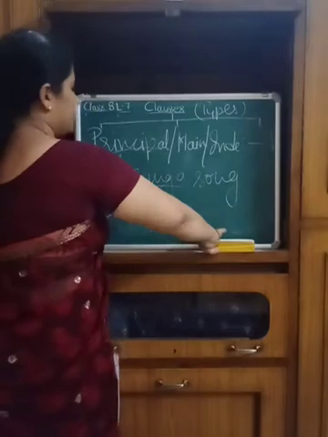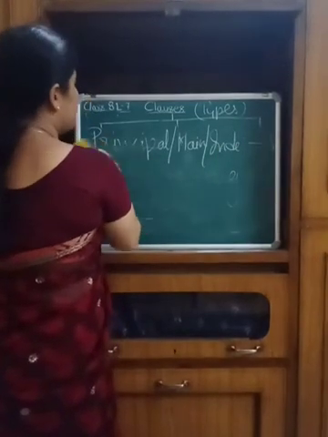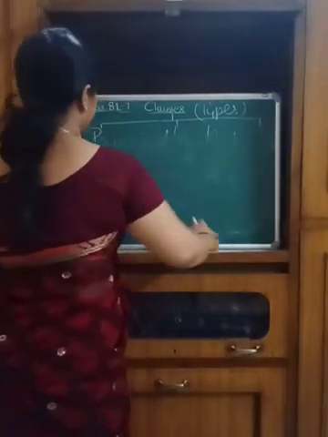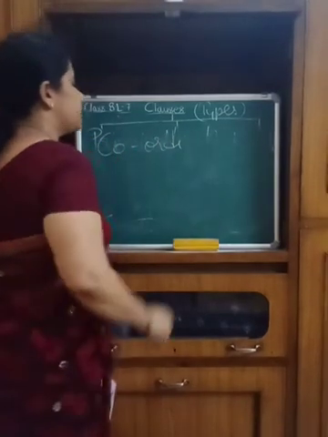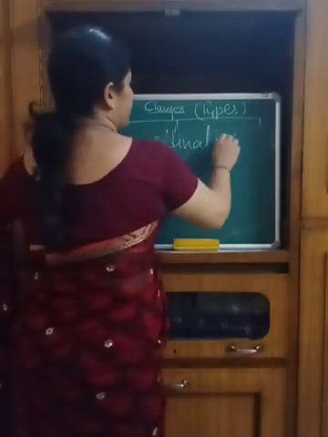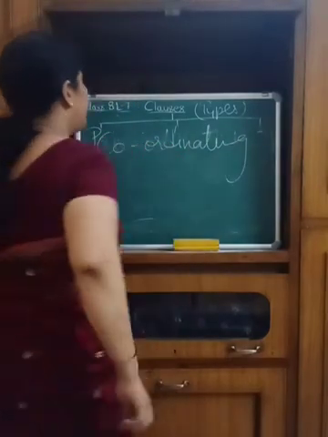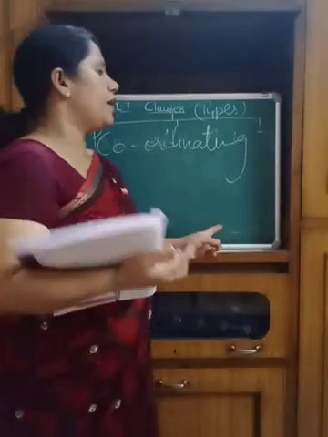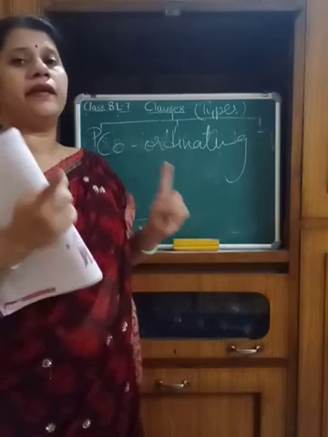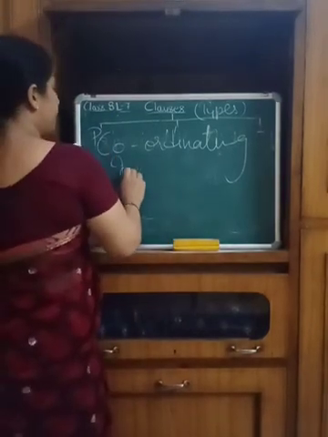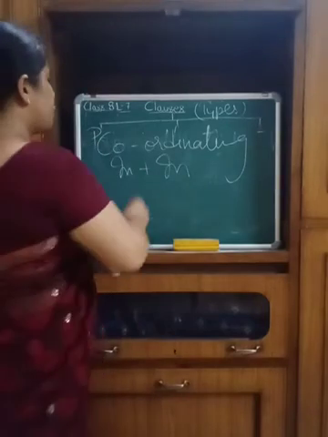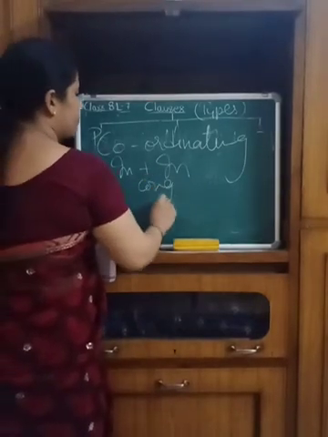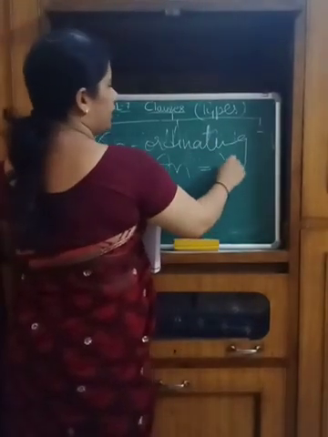Now the second one is the coordinating clause. As the name suggests, two or more independent clauses can be joined with a conjunction to make a coordinating clause.